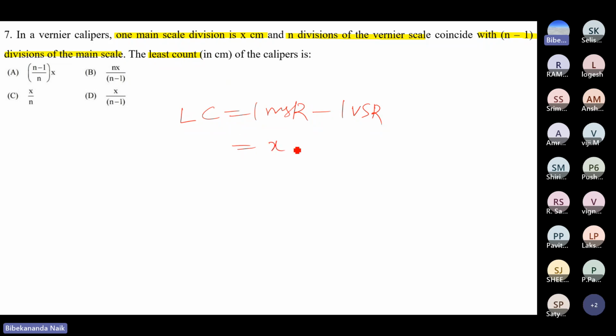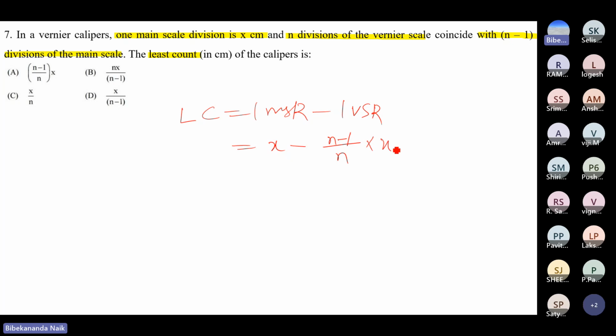So it is x minus the vernier scale reading. It is given that n divisions of the vernier scale coincide with n minus 1 divisions of the main scale. So n minus 1 divisions of the main scale correspond to n divisions of the vernier scale. So 1 division of the vernier scale corresponds to n minus 1 by n divisions of the main scale.